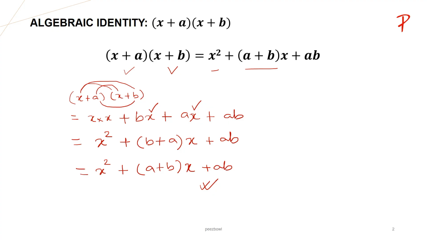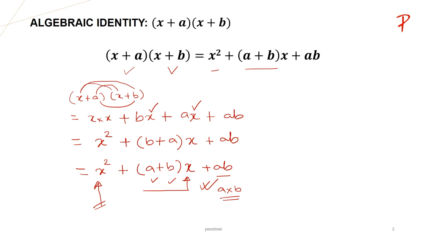Right. So this means that the first term is always x², right? The second term is the sum of constants, that is a and b, multiplied by the variable, that is x. And the third term is the product of constants a and b. This is a multiplied by b.